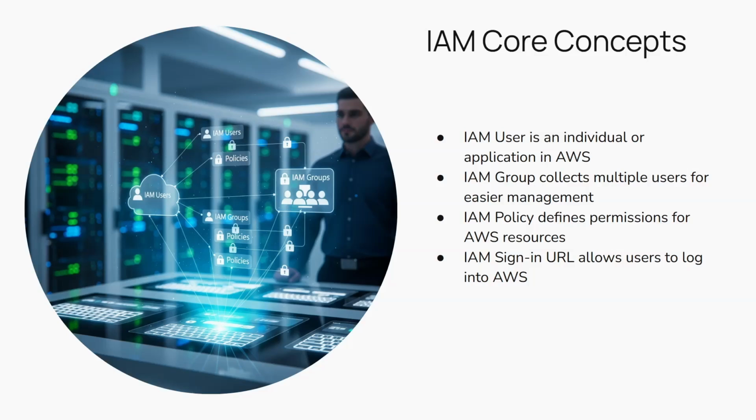It specifies what actions are allowed or denied on which resources. And finally, AWS accounts get an IAM sign-in URL, which allows users to log in with their own credentials. This is how they access the AWS account without sharing your root account password.